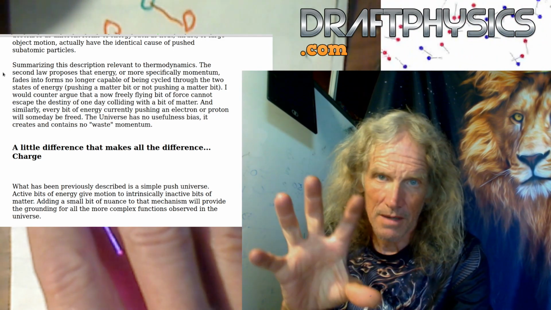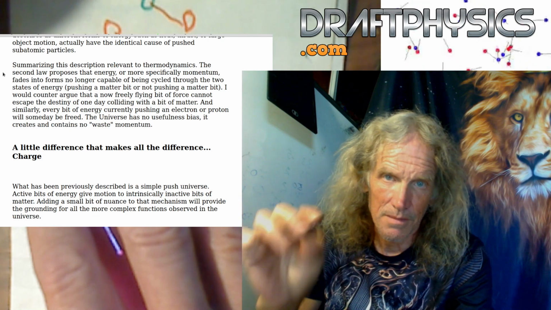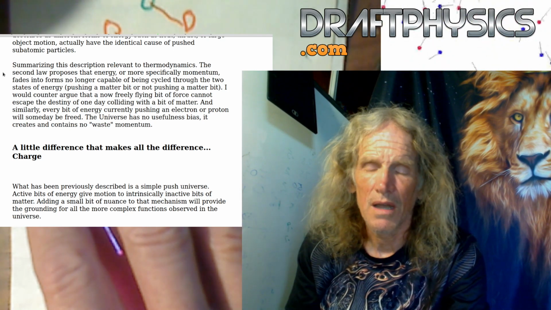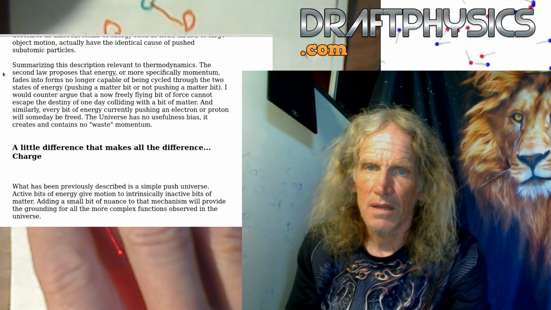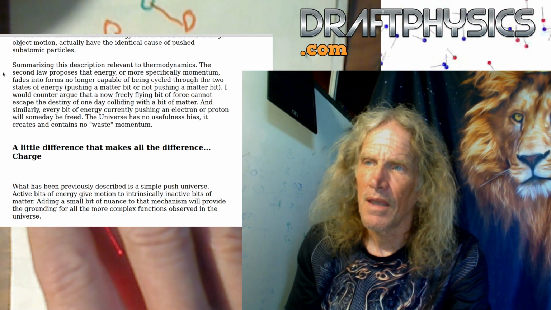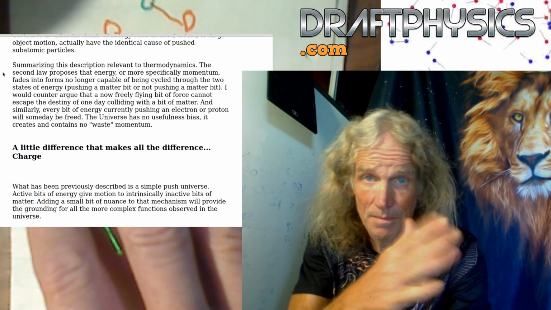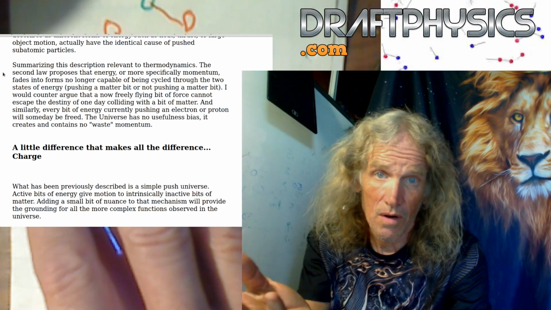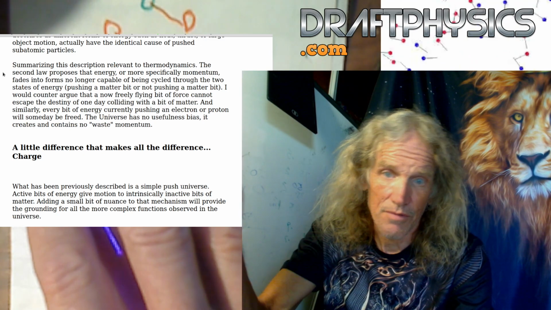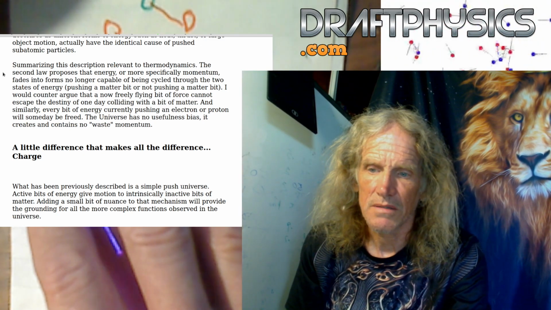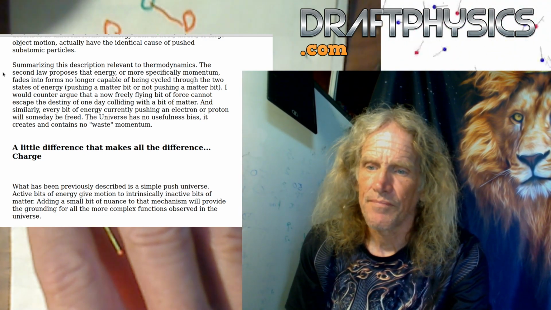So there's a certain amount of this little stuff called a force bit, a piece of quanta, energy quanta, as Einstein might say, and it either is stuck to a piece of matter at this moment, moving something, material, or it's freely flying and creating things like photons and magnetism.